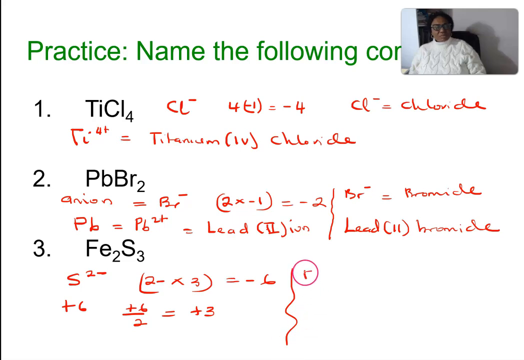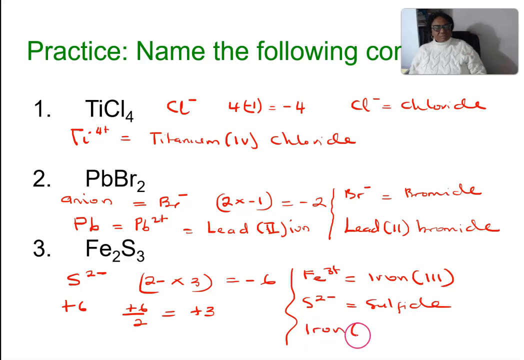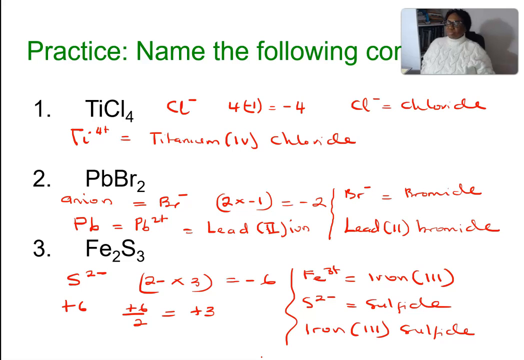So Fe3 plus goes to iron, then S2 minus. Name of compound. So please practice more of this. Okay. So let's continue.